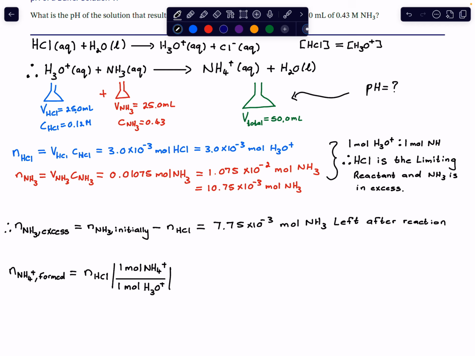You can also write it as 1 mole of NH4 plus per mole reaction, 1 mole of H3O plus per mole reaction, if you really want to. So it's a 1-to-1, which means we have 3.0 times 10 to the negative 3 mole NH4 plus that formed.